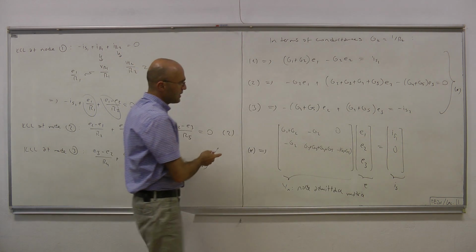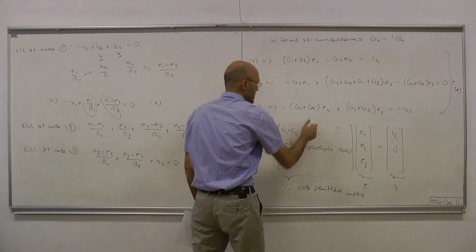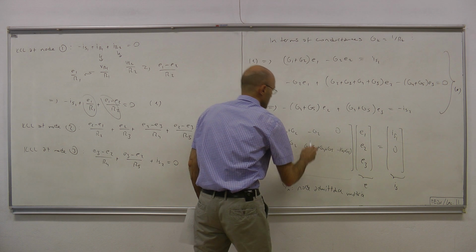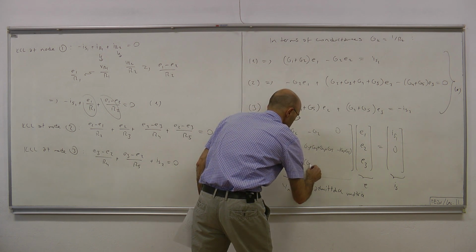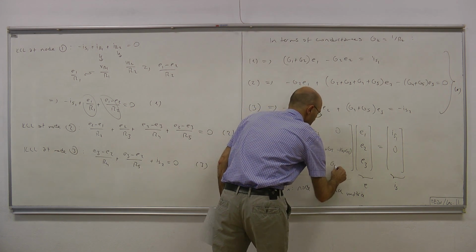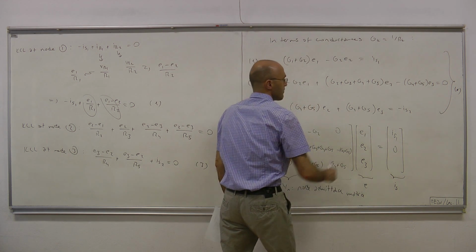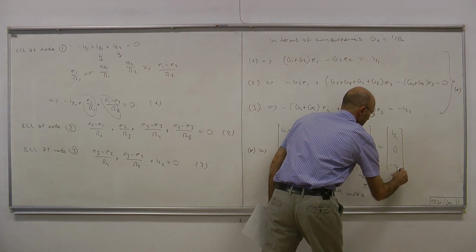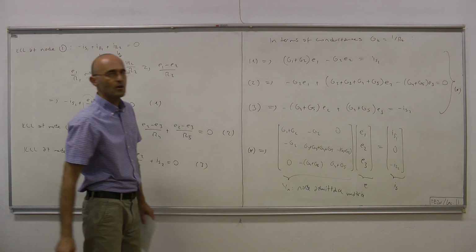Finally, for the last row, we look at the last equation. We have no E1 term, so that makes a 0 for that entry. For E2, we have minus (G4 plus G5), and for E3, we have G4 plus G5. This is minus IS2, it goes to this entry. Okay.